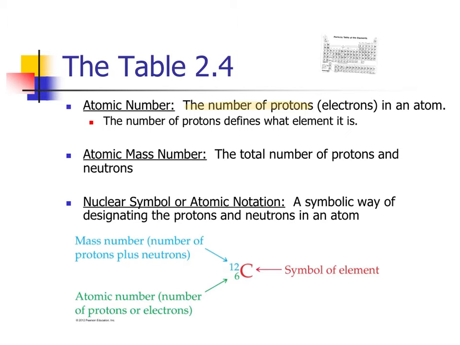Those are rounded to the nearest whole number to give us the atomic mass number, because you can't have half of a proton or half of a neutron. That doesn't work, so that gives us whole numbers of protons and neutrons.